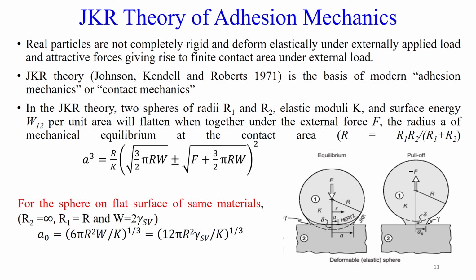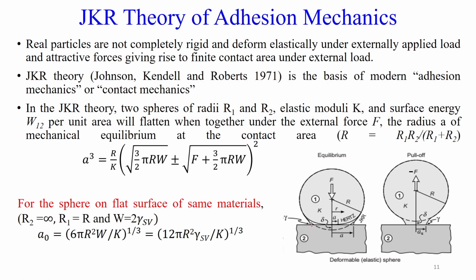What it suggests is that real particles are not completely rigid and deform elastically under external applied load and attractive forces, giving rise to a finite contact area under the external load. If we consider this case, there is a deformation in the sphere.